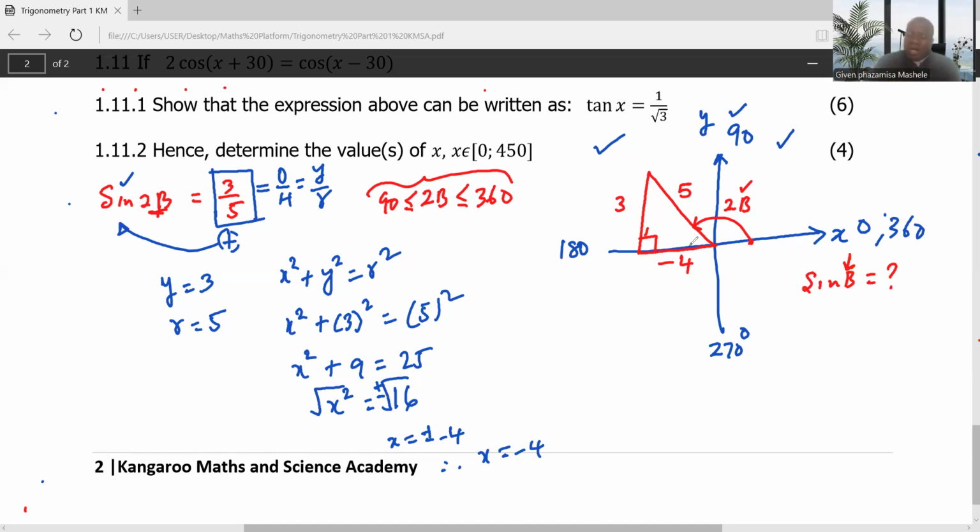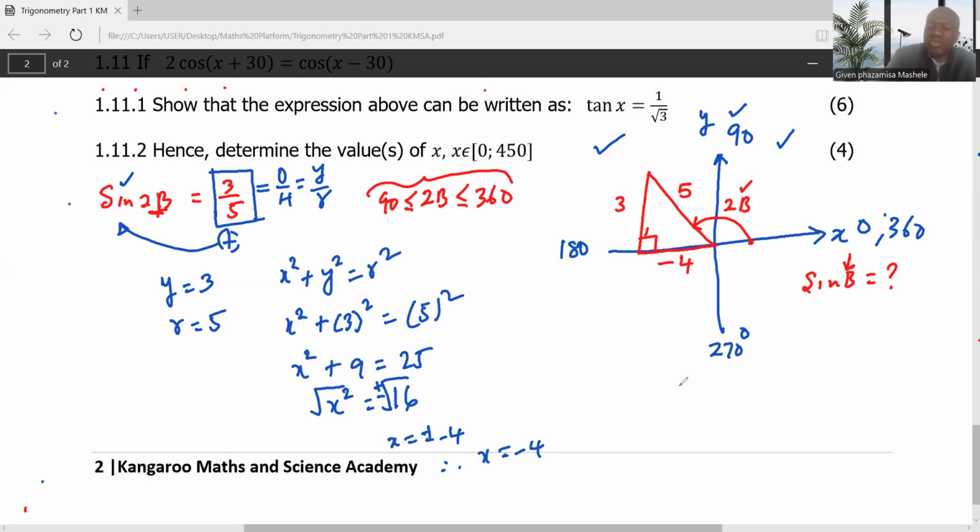And now, how are we going to solve this? Okay, fine. Because now we are given 2 beta and we're looking for sine beta. And 2 beta, remember, is part of the double angle. So let's look for a double angle which will have sine beta in it. Obviously, we cannot use the double angle for sine because it has both cos and sine.